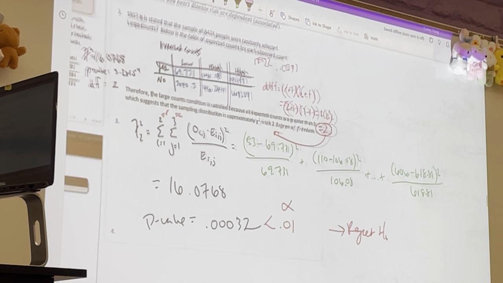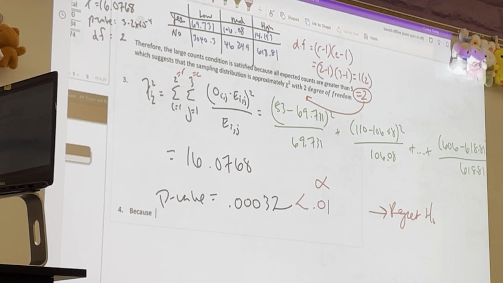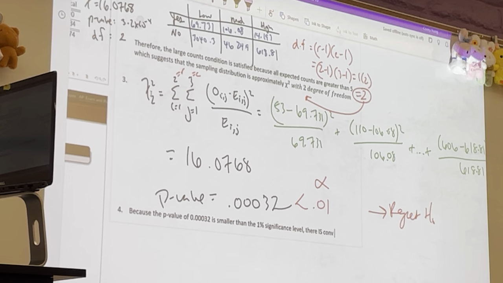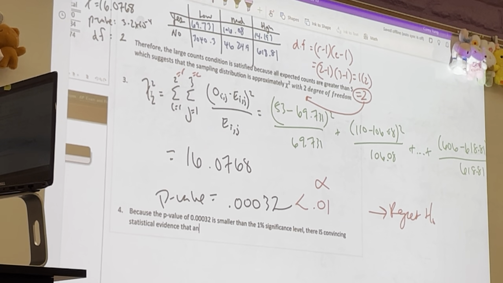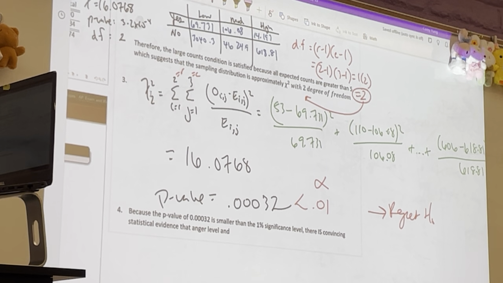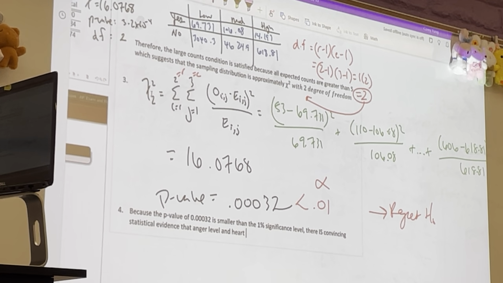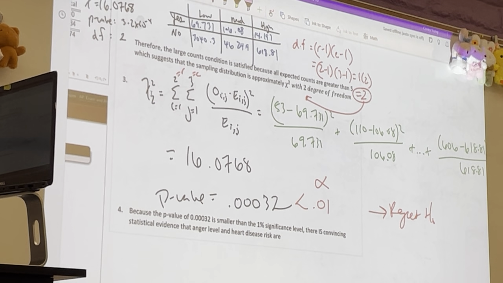Okay, so at the very bottom, because the p-value of 0.0032 is smaller than the 1% significance level, there is convincing statistical evidence that anger level and heart disease risks are associated.